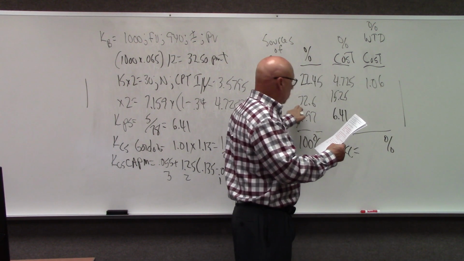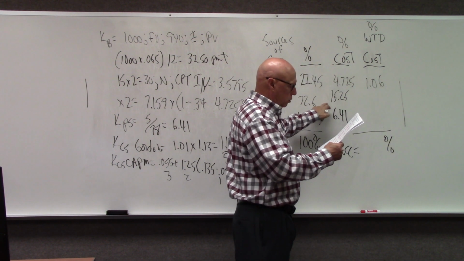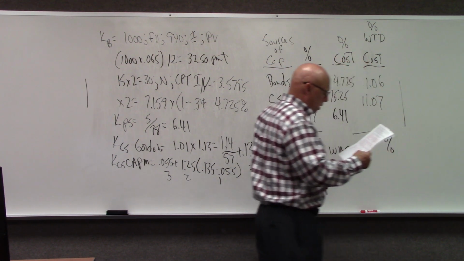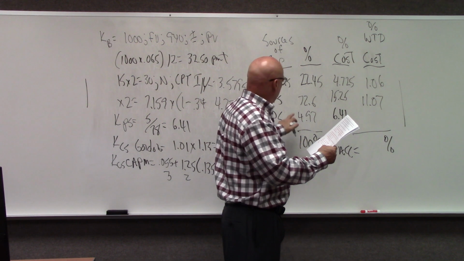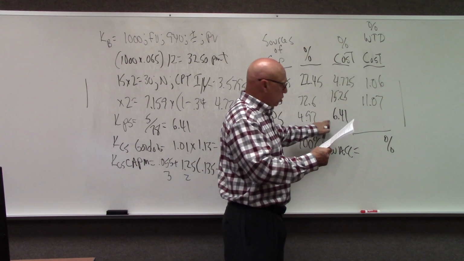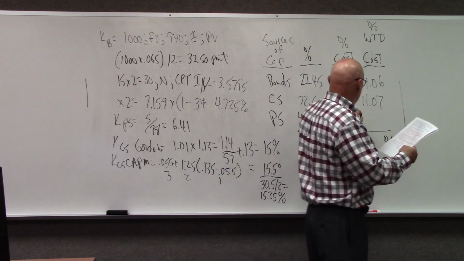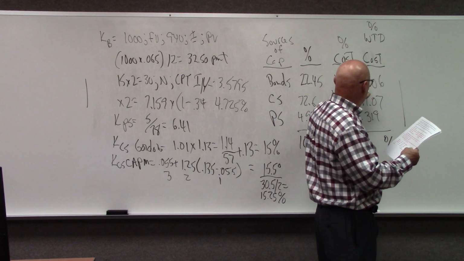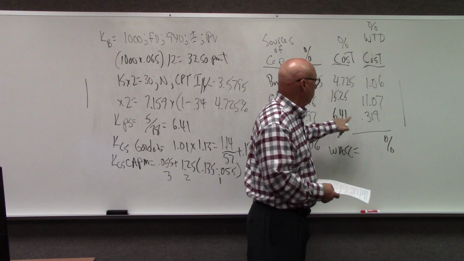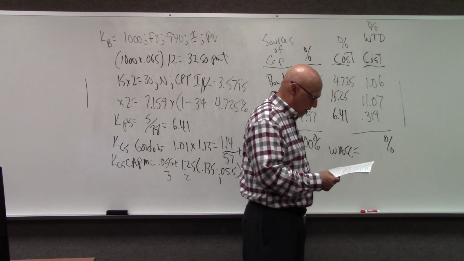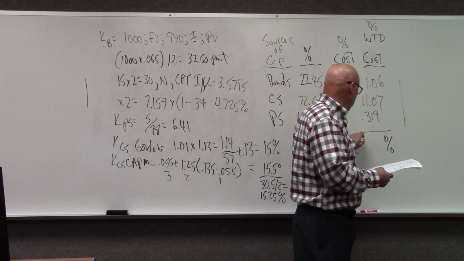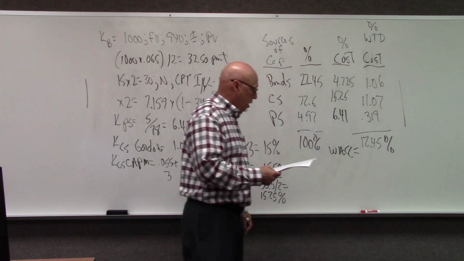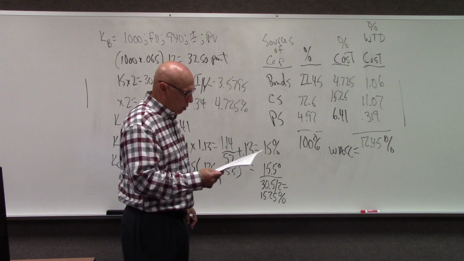And 72.6% times 15.25% is 11.07%. And 4.97% times 6.41% equals 0.319%. Add them up, 1.06% plus 11.07% plus 0.319%, and we get 12.45%. And that is our K, or our WACC.